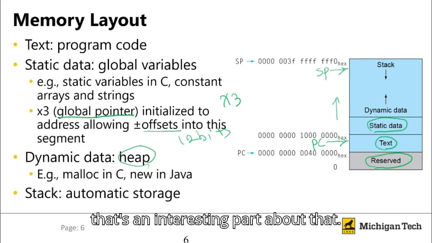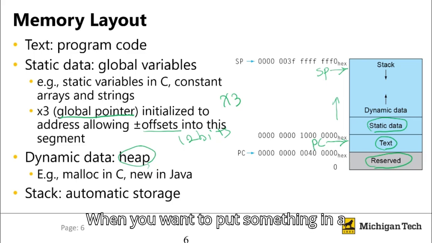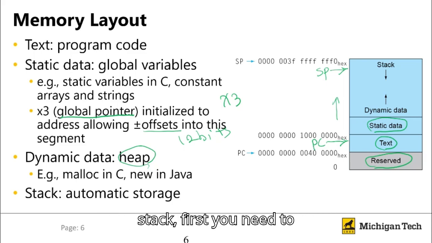That's an interesting part. When you want to put something in a stack, first you need to decrease the stack pointer and then put that inside. This is the characteristic of a stack: it grows downward.